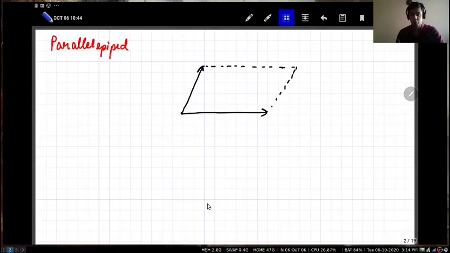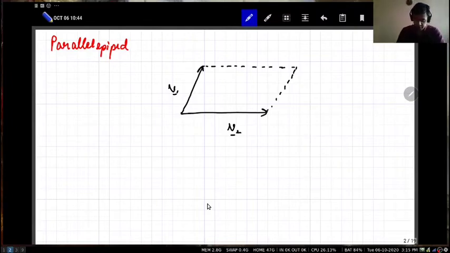the 2 vectors which correspond to 2 adjacent edges of the parallelepiped. So let's call these v1 and v2. Right?